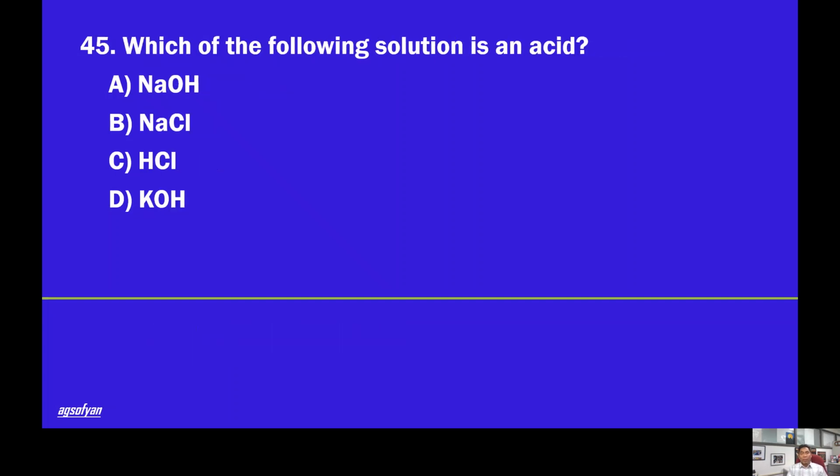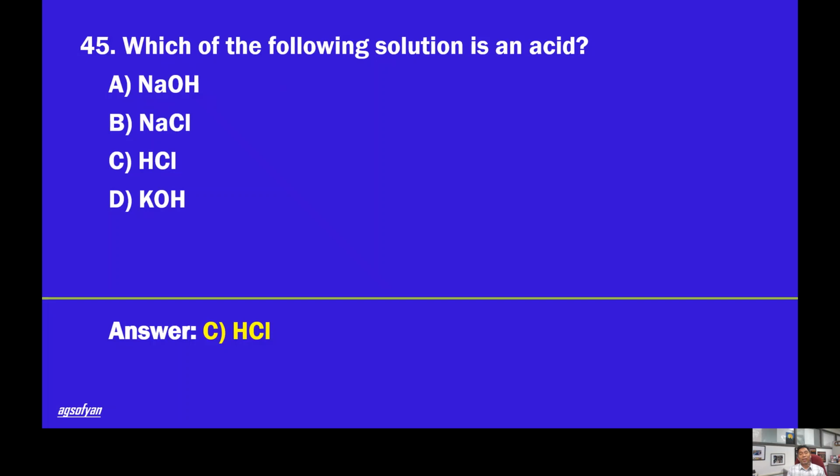Number 45. Which of the following solutions is an acid? A. NaOH, B. NaCl, C. HCl, D. KOH. Choose your answer. Yes, the answer will be HCl.